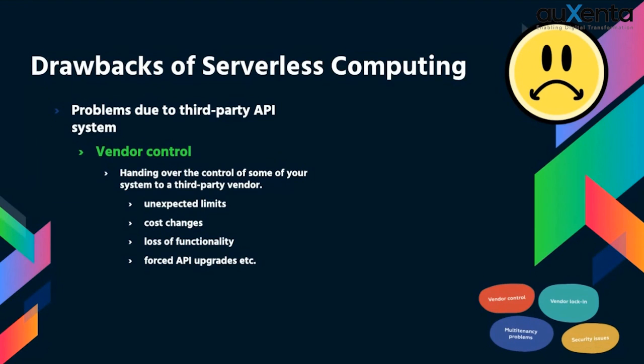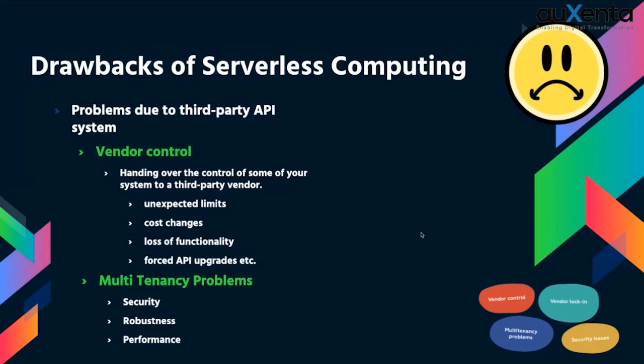So I'll start with vendor control. Using third-party services means that you are handing over control of some of your systems to third-party vendors. This entails the risks of system downtime, unexpected limits, cost changes, loss of functionality, forced API upgrades, etc.